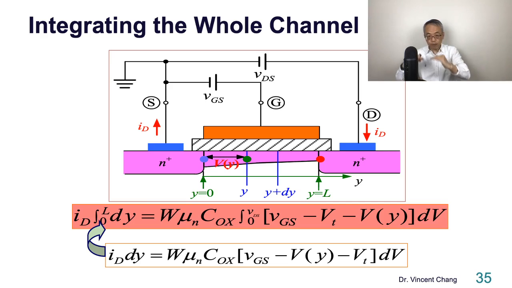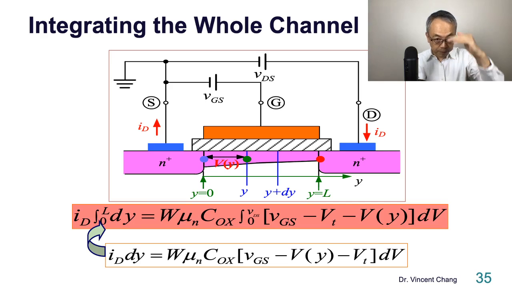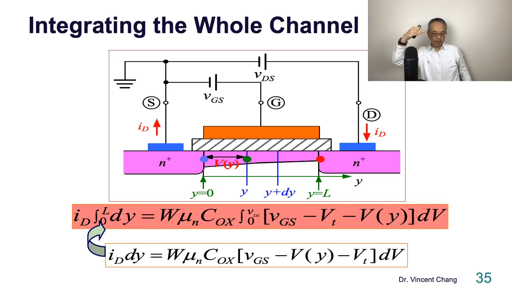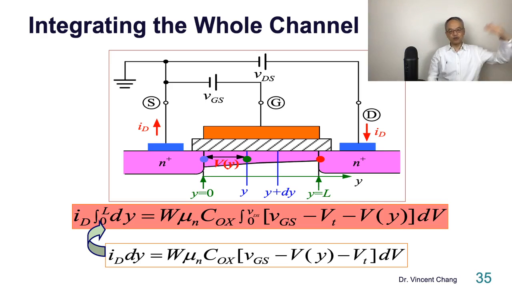The lower bound is 0. What about the upper bound? What's the channel potential when y equals L? VDS. The upper bound is VDS. So the left hand side is 0 to L, on the right hand side is 0 to VDS.